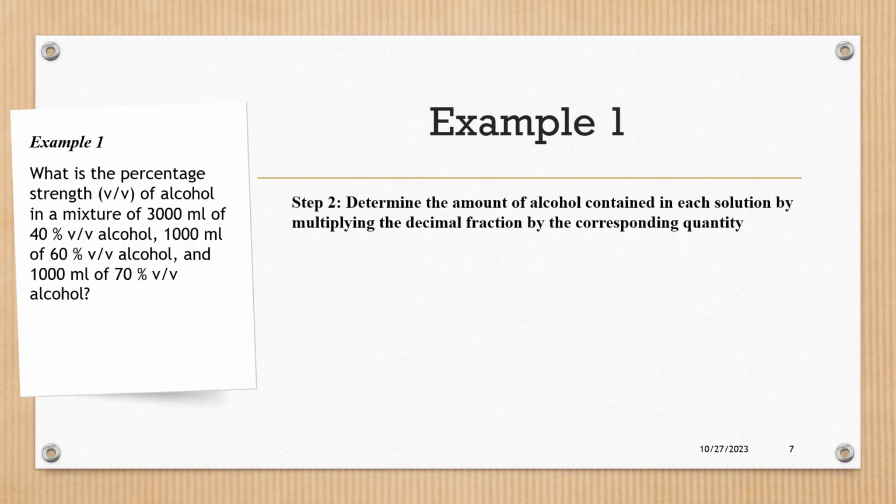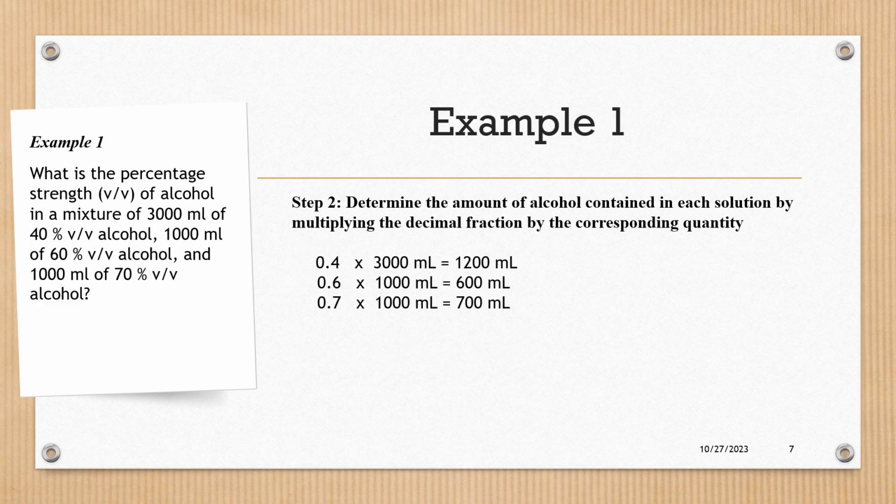Now, the next thing that we're going to be doing is to determine the amount of alcohol that is contained in each solution by multiplying the decimal fraction by the corresponding quantity that we got previously. The whole purpose of this is to determine the pure alcohol, or the active ingredient, that we're interested in, in the mixture. Remember 40%, when we converted that to decimal, was 0.4.